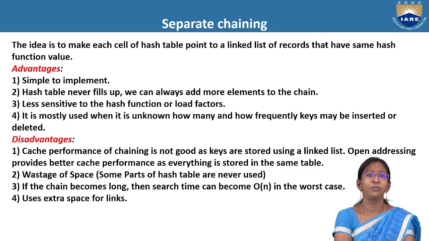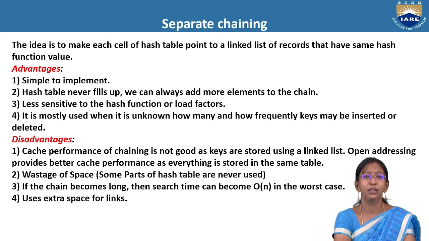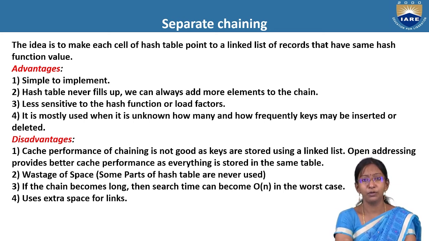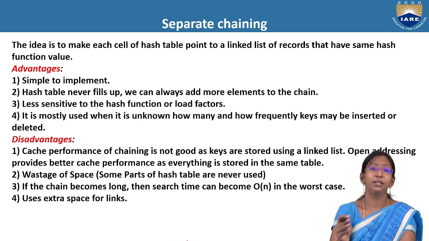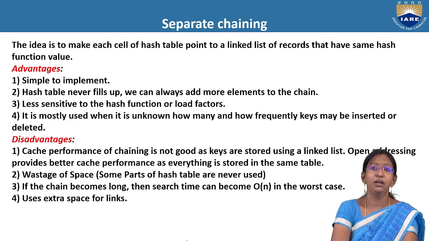But it is less sensitive to hash functions. It doesn't much rely on the hash function. And the number of collisions will literally reduce to zero, because if you find a collision, create a node, append it, right? But the drawback is the amount of space it takes. Okay, that is the worst.